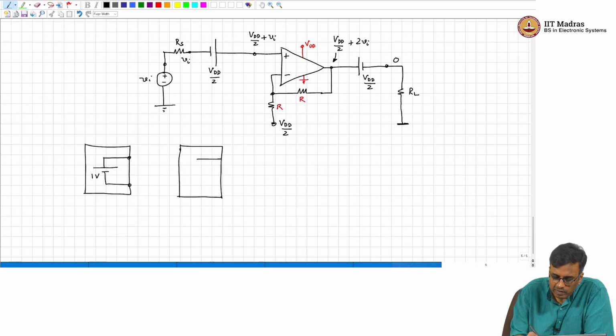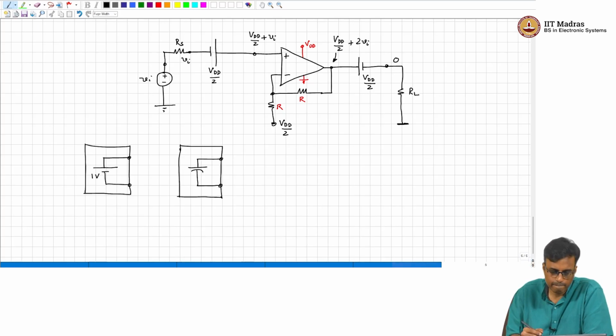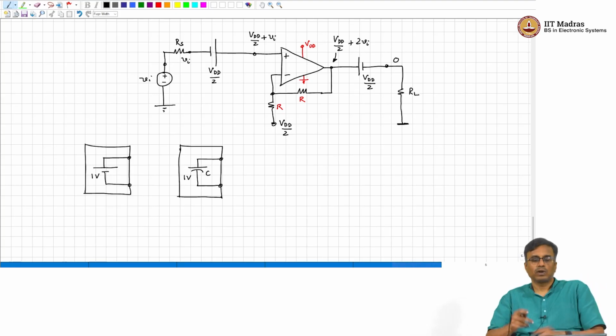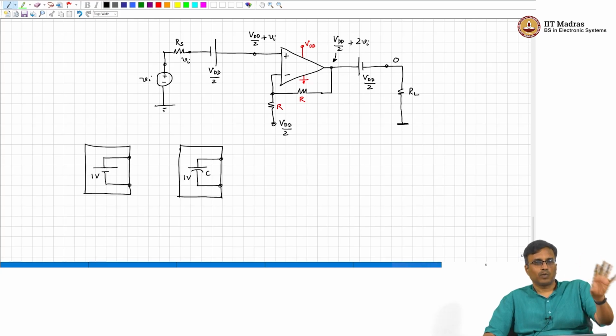In the other box there was a capacitor of voltage 1 volt. Okay. And now I am asking you, you only have access to the terminals at the edge of the box. In which box is there the 1 volt battery and in which box is there the capacitor? How will we figure this out?